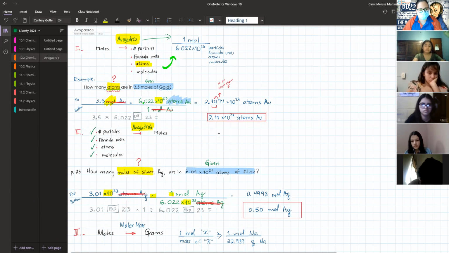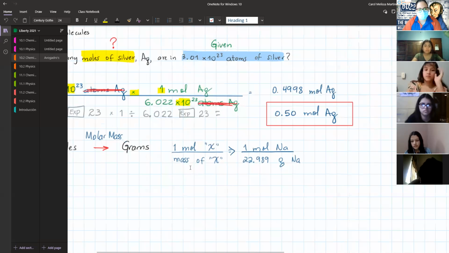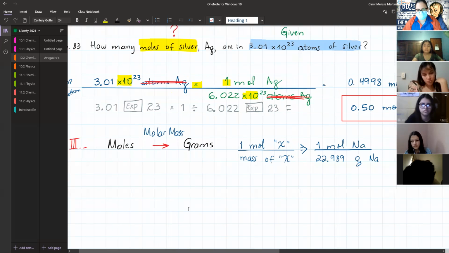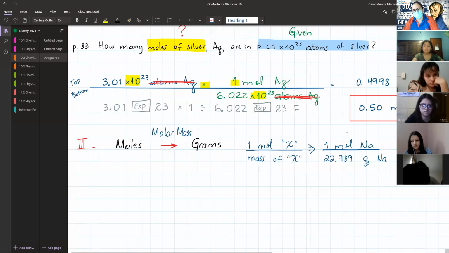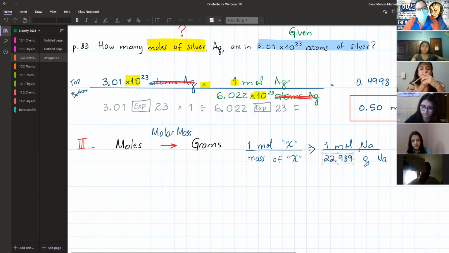Just as an example, as I was mentioning before, sodium in this case, you can see that I am using the atomic mass of sodium, but I change the units from AMU to grams over mole.